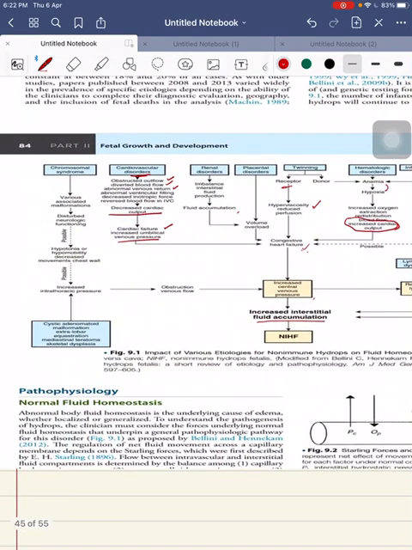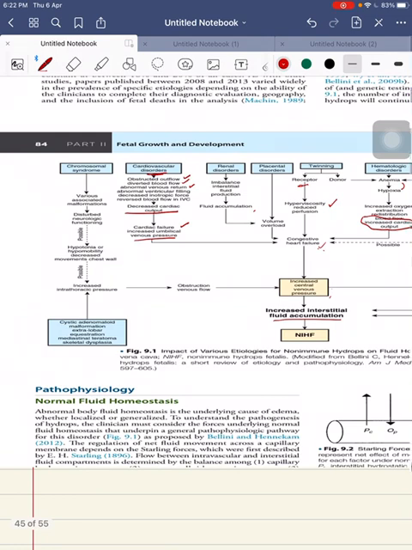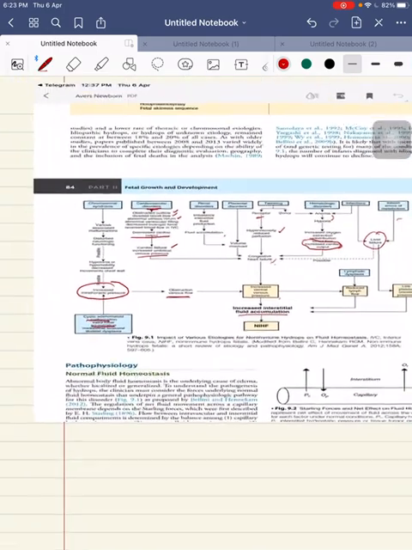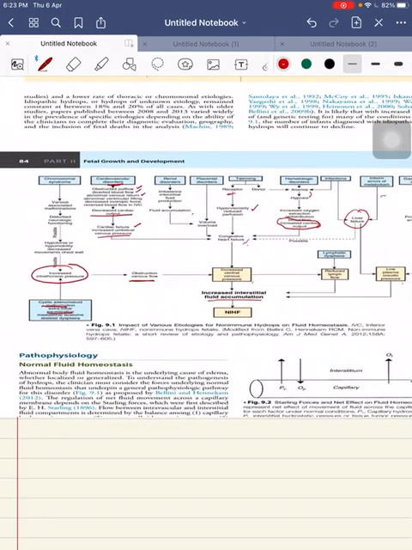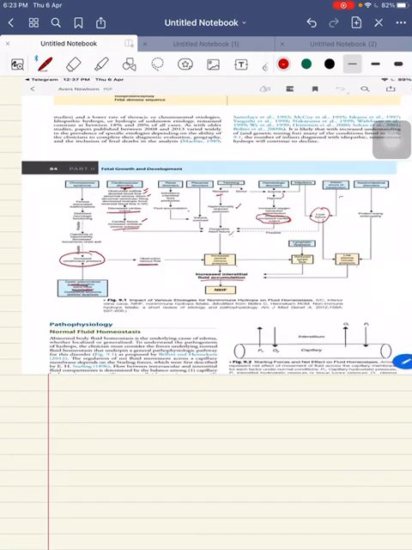In lymphatic dysplasia, there will be a reduced lymph flow, which in turn will lead to increased fluid accumulation. In the respiratory causes, that is in cystic adenomatoid malformation or lobar sequestration, it will cause increased intrathoracic pressure, which can obstruct the venous flow and leads to increased central venous pressure, which in turn causes increased interstitial fluid accumulation.